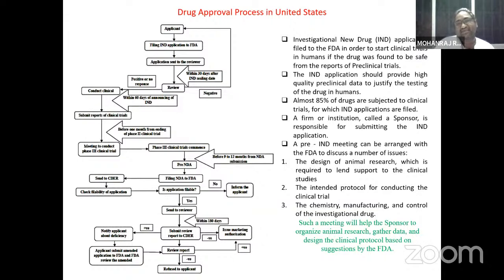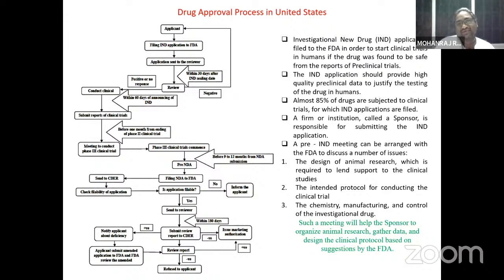It must showcase a safety profile as a report of the preclinical trial. The investigational new drug application should provide information of high quality and must justify for what it can be tested in humans.